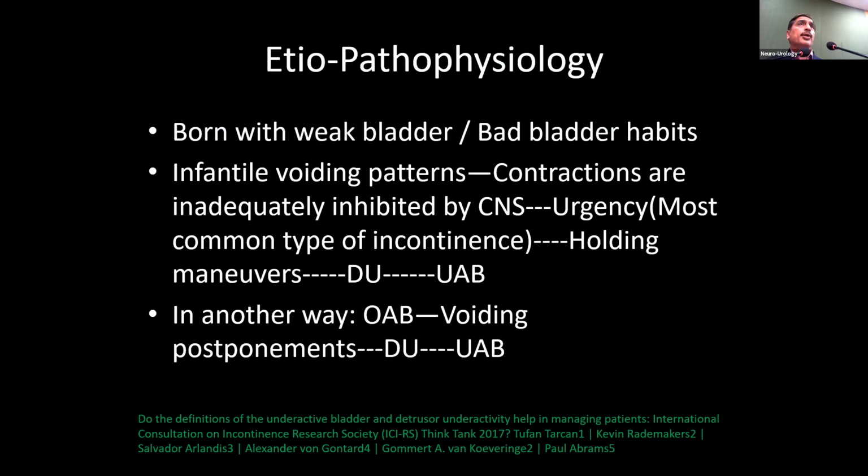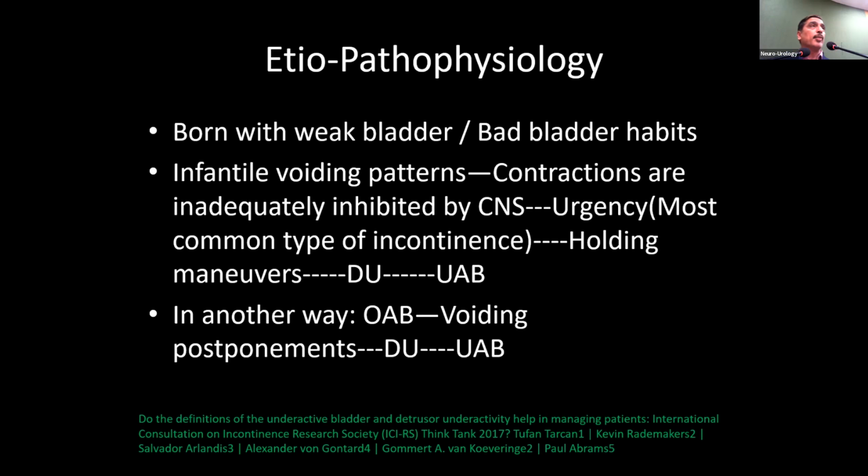When I went through the literature, this is proposed by Abrahamsson's group: either these children are born with a weak bladder, which is less likely, and then they develop a secondary reflux, or else there is something like infantile voiding patterns, and over time the contractions are inadequately inhibited by the CNS in these particular patients, which leads to urgency, the most common type of incontinence, leading to holding maneuvers, detrusor underactivity, clinically manifested as underactive bladder.